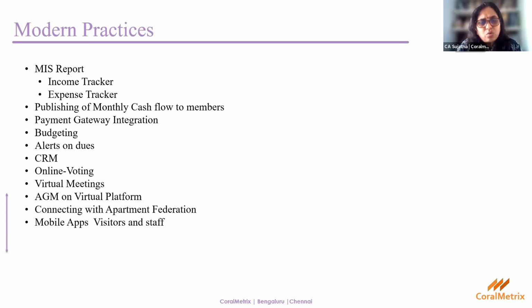In turn, what happens if the trust goes up? Then there is a very healthy environment. Ultimately, it results in appreciation in the price of the apartment. So every appreciation in value derives from the accounting and the auditing of the association.